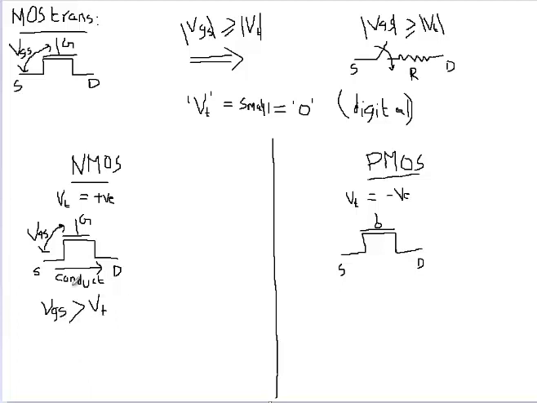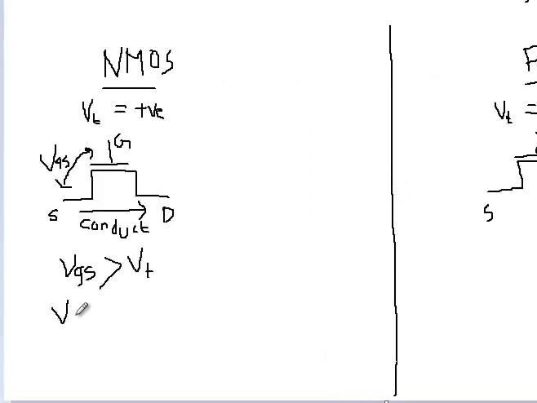So when VGS is greater than VT, the current flows from source to drain. We have also made a statement that VT is, in the digital world, taken as 0 just to make things simpler. So we'll write over here that when VGS is greater than 0, your NMOS will conduct, or your switch will be closed and it will look like a resistor.